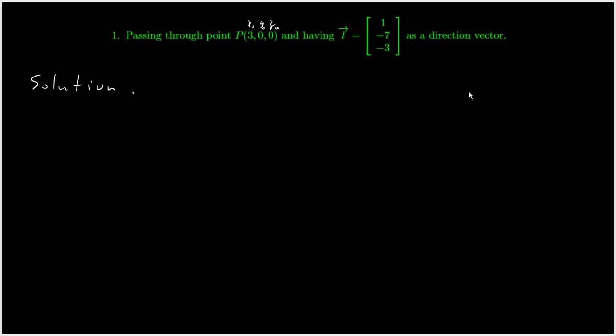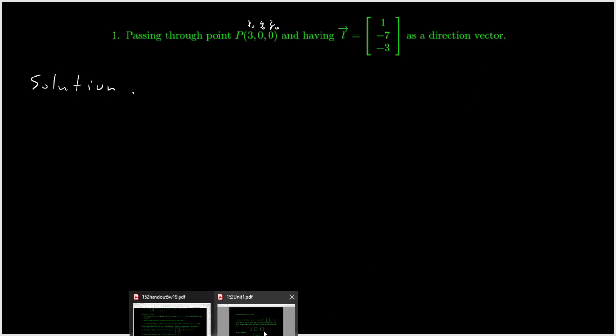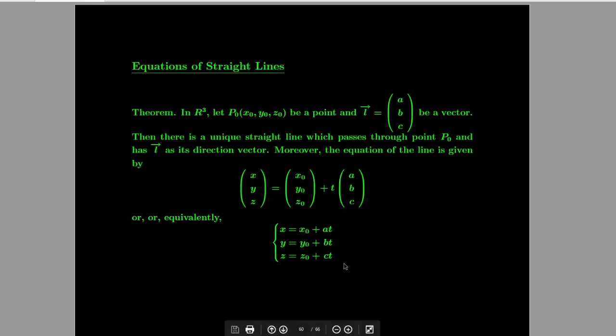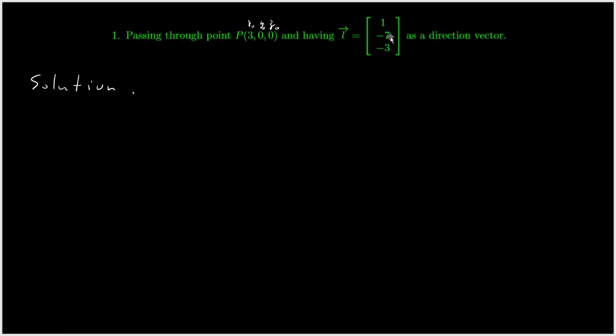If you look at the formula, we use x naught, y naught, z naught to denote a known, given point on the line. And then we use A, B, C to denote the three components of the direction vector. So A value is 1, B value is -7, C value is -3, right?